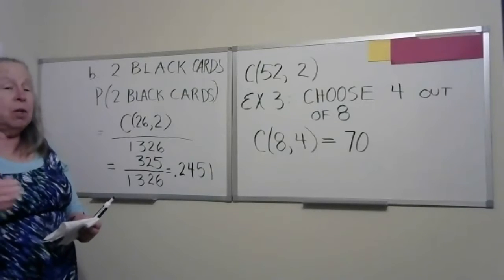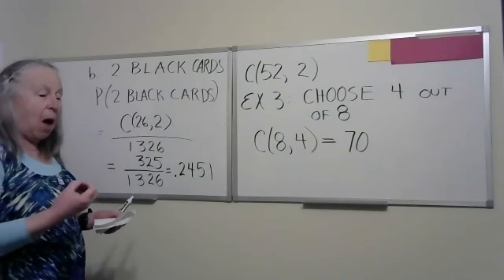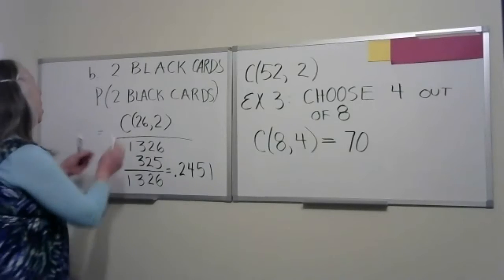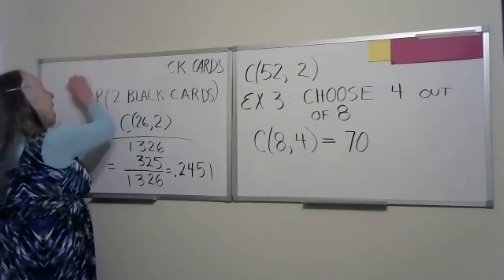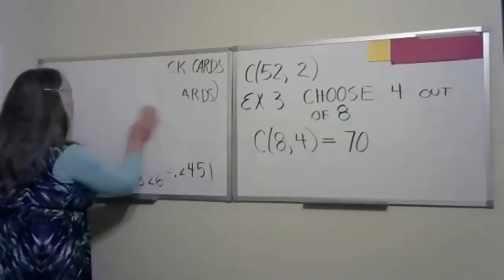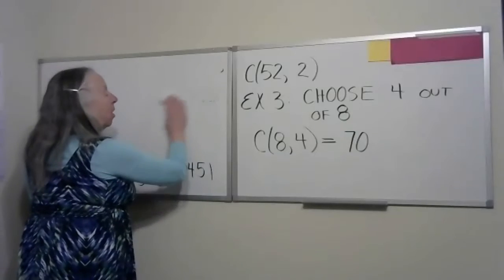What you had to do then was multiply those, because you were going to find out how many seniors you chose and how many juniors. So we're going to look at how many ways the event of choosing 2 red and 2 green can occur.